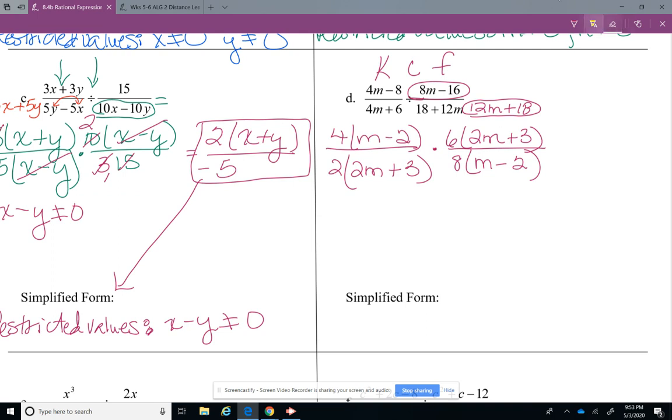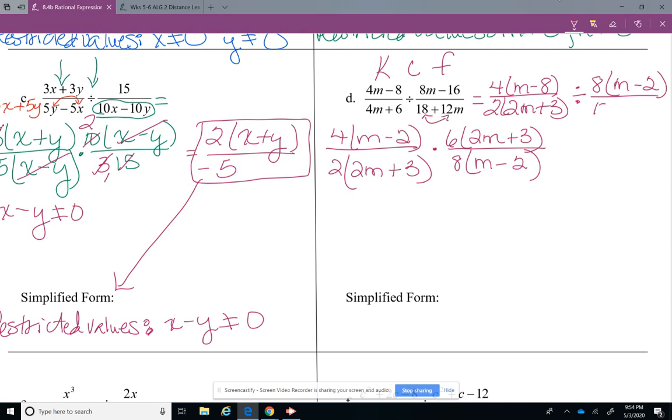Now, you don't have to do both of those at the same time. If you want to do this and do 4 times m minus 8 over 4 times 2 times 2m plus 3 divided by, and if you want to go ahead and put 8 times m minus 2, and then you're going to end up switching these.